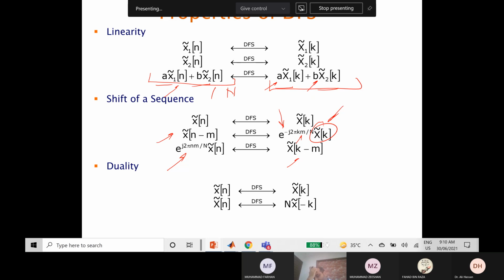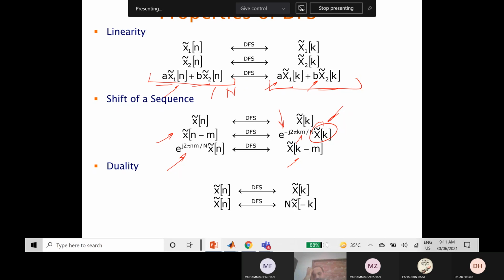And we have seen it in the discrete time Fourier transform as well, that a shift in frequency means you have to add an exponential, because a signal is nothing but a summation of exponentials. So we did a lot of deliberation on this in our discrete time Fourier transform content.